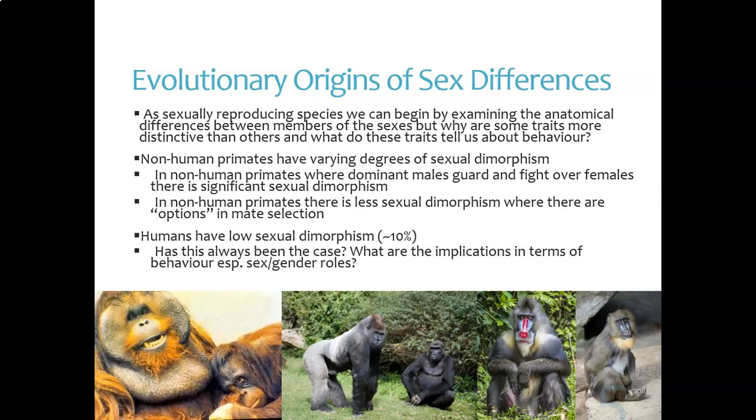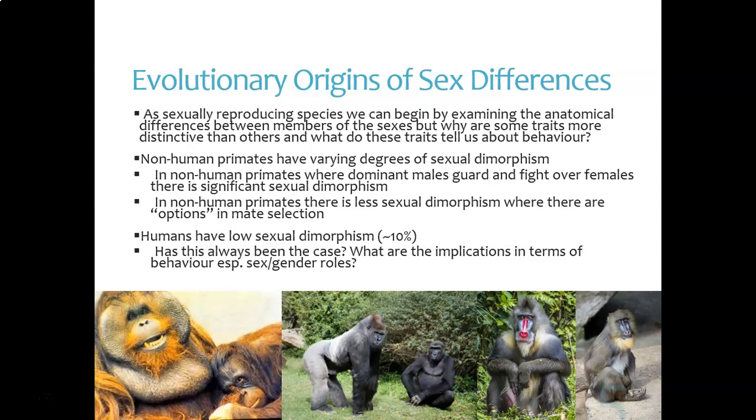So then we can start to ask, well, has this always been the case? Has there always been sexual dimorphism? And so when we look at the fossil record of hominins, of our ancestors, what we see is that some species have more pronounced sexual dimorphism, but those that are more closely related to us, and those that are more likely our direct ancestors, have very low sexual dimorphism as well.